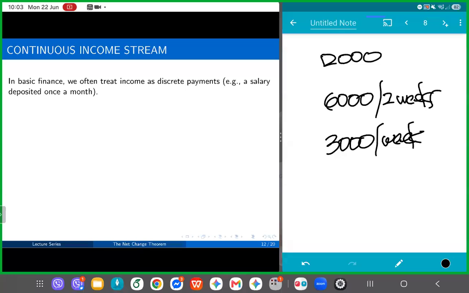But let's idealize this, or make the frequency of the income distribution even smaller. Let's say it's given every second. This is the flow. What about every millisecond? This is the income flow.